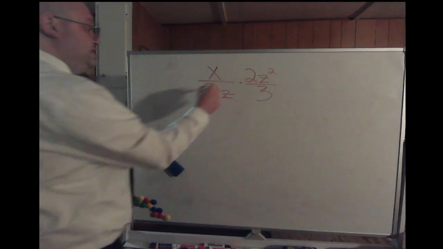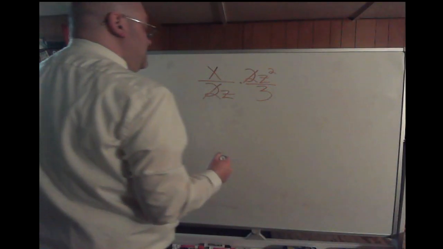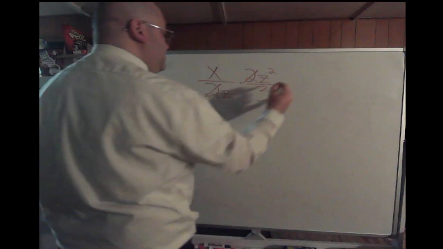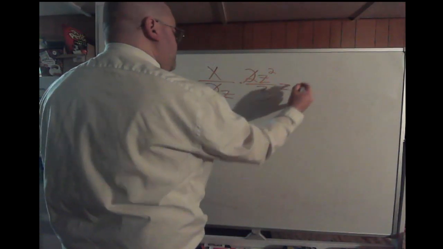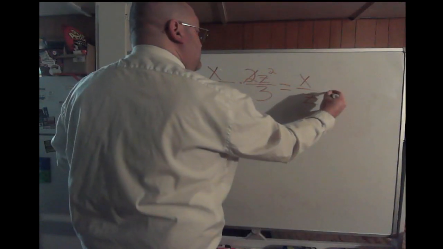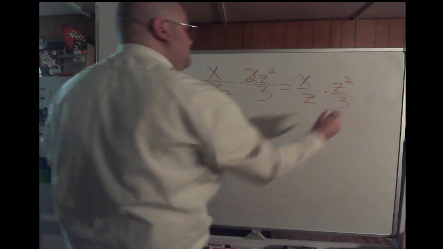Well, immediately we see we have a common 2 that'll cancel. Nothing yet jumps out for what else can be reduced. So what you're left with is x over z times z squared over 3.